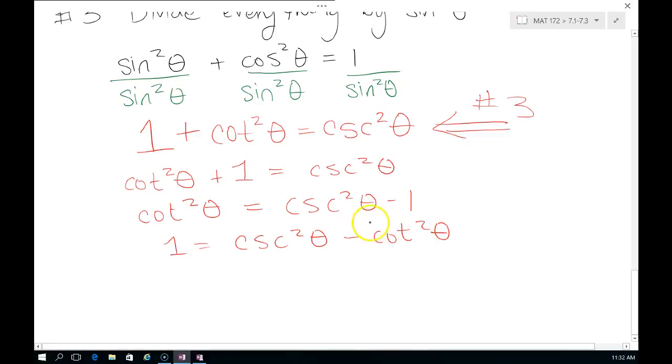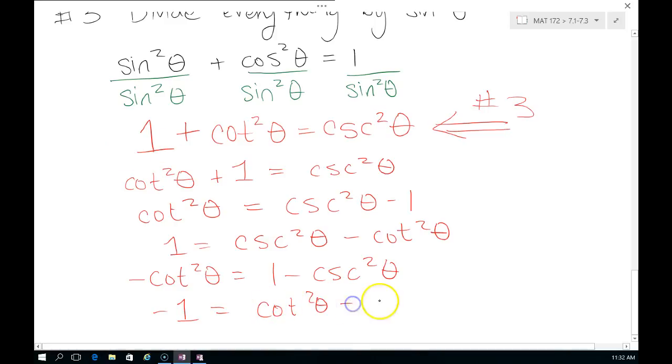And then we might need to change the order of that subtraction. And when you change the order of the subtraction, it changes the sign of the answer. So negative cotan squared theta would be 1 minus cosecant squared theta, and negative 1 equals cotan squared theta minus cosecant squared theta.